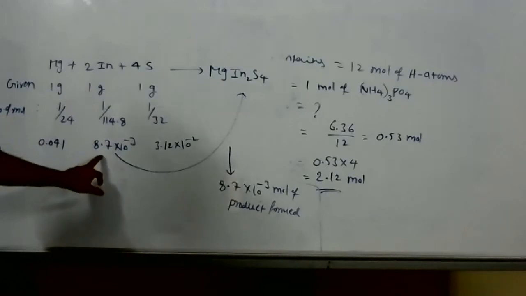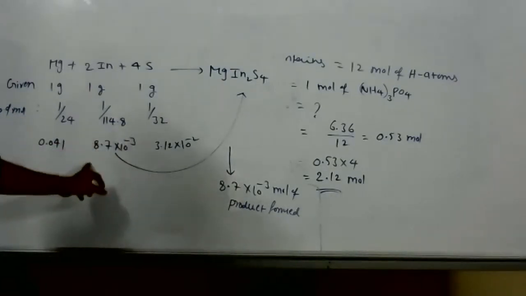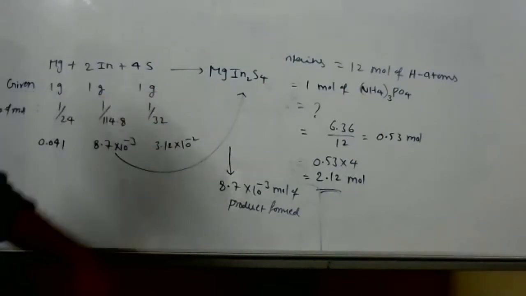So here the limiting reagent gives only 8.7 into 10 power minus 3, a very small number of moles, so this much product is obtained.